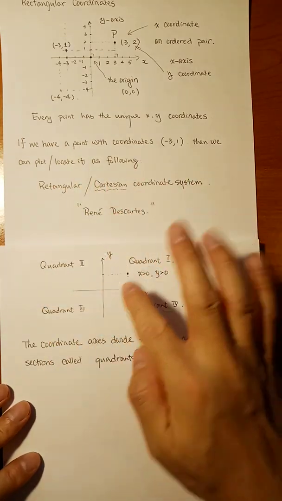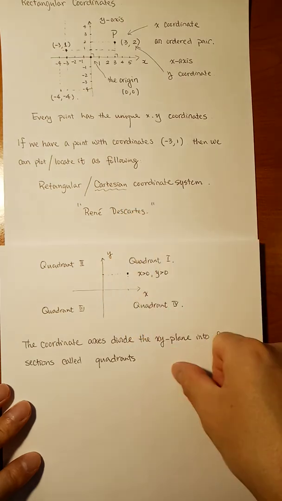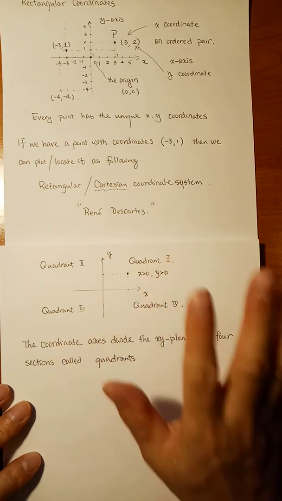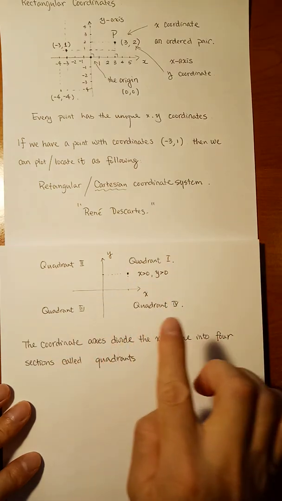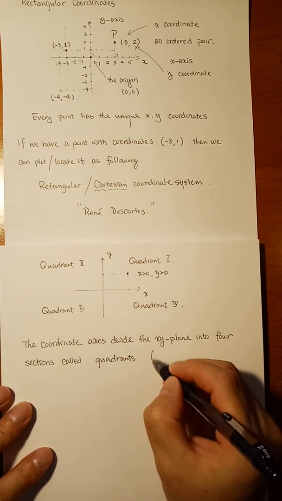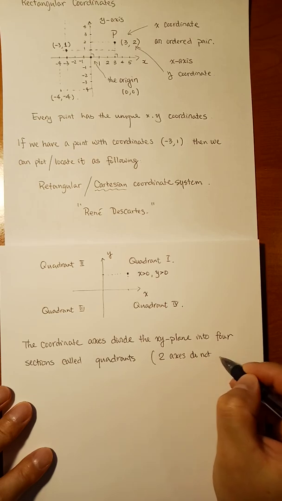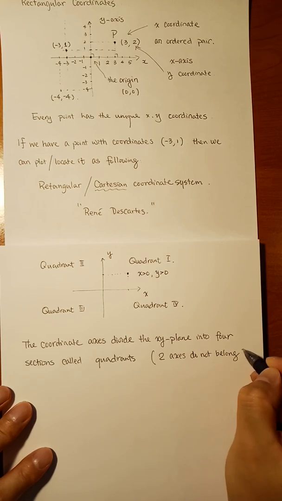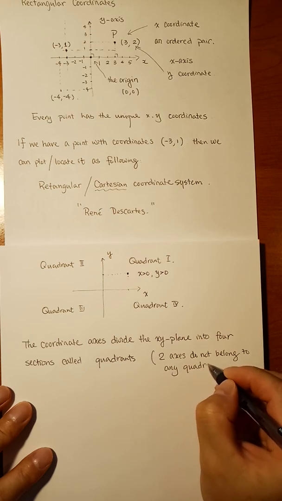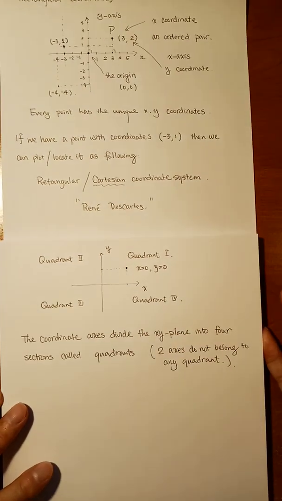Again, this quadrant only contains this section. The quadrant does not contain the axes. The two axes do not belong to any quadrant; they are the border.